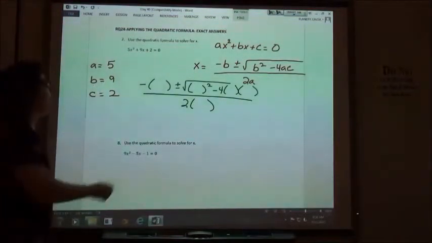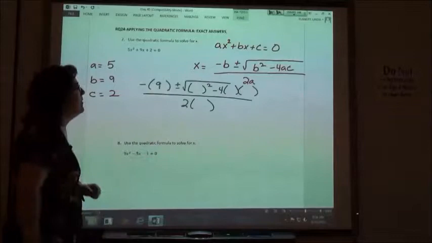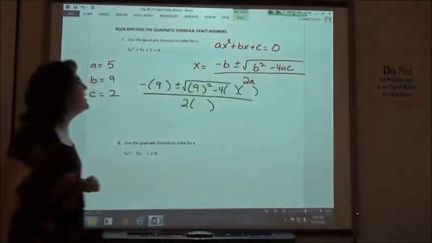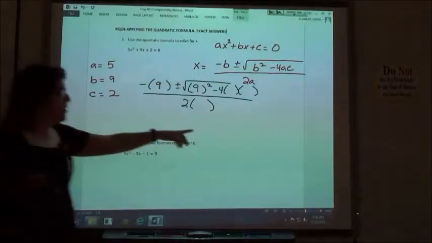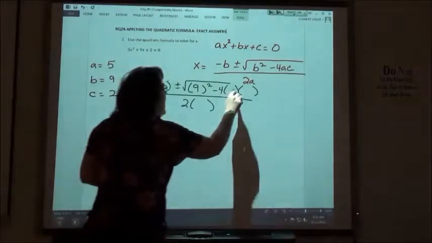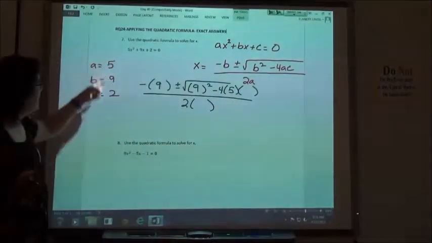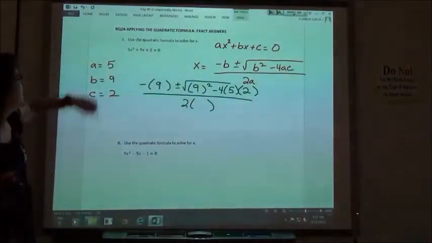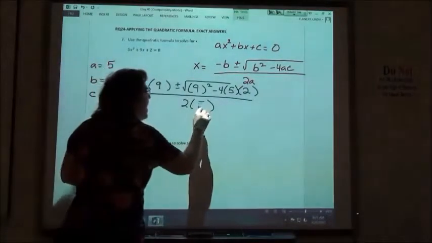So minus the b value is 9, plus or minus the b value squared. The b value again is 9. Minus 4, which is part of my equation, times the a value, which is 5, times the c value, which is 2, over 2 times the a value is 5.